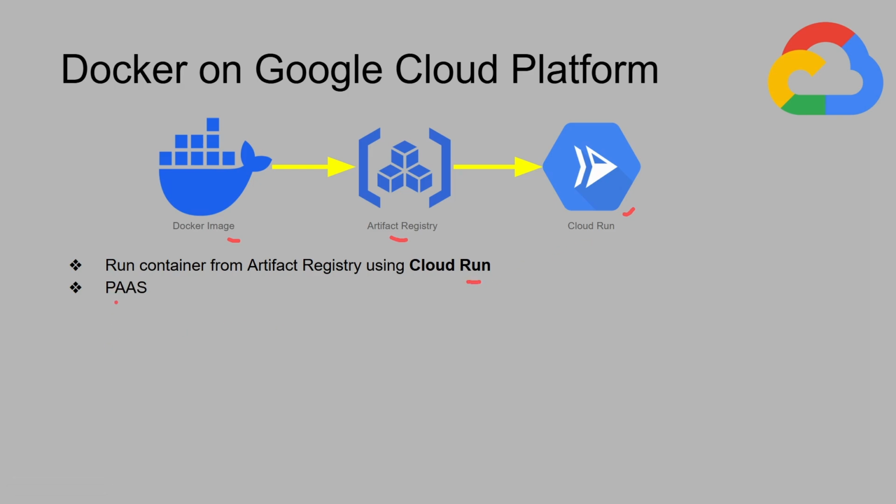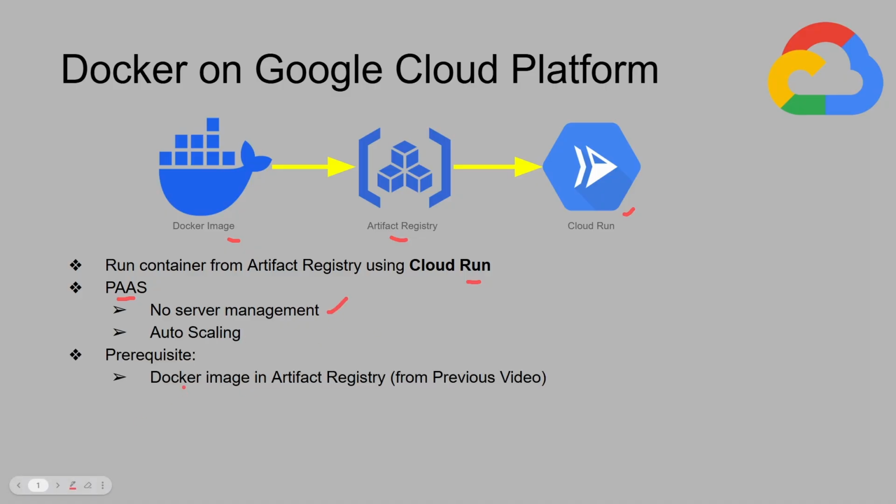It is a platform as a service, a fully managed and serverless platform that runs Docker containers and exposes them as a web service. For Cloud Run, no server management is required, and it is also auto scaling.